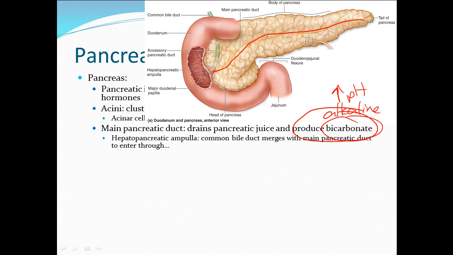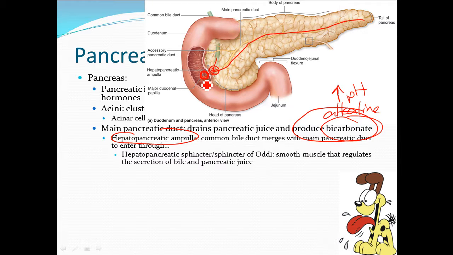Okay. Once again, there's this hepatopancreatic ampulla, which is just this part where it's a little bit more widened, and this is where it merges with the common bile duct that we just talked about here. Okay, and it goes through this structure within the duodenum called, once again, the major duodenal papilla, and goes through this sphincter here.